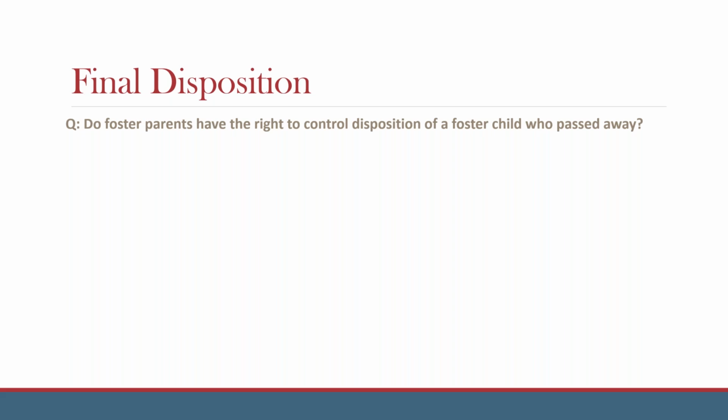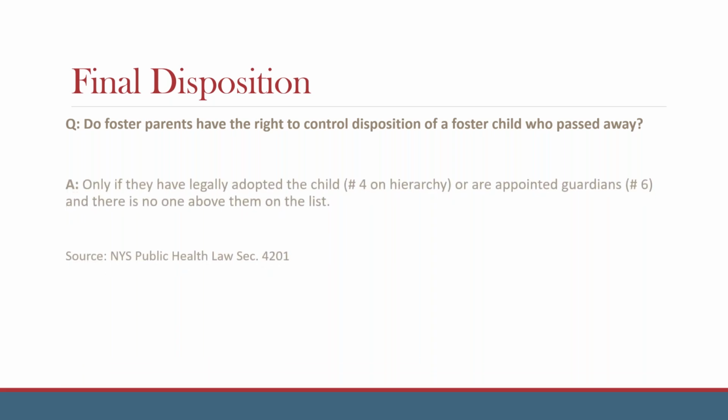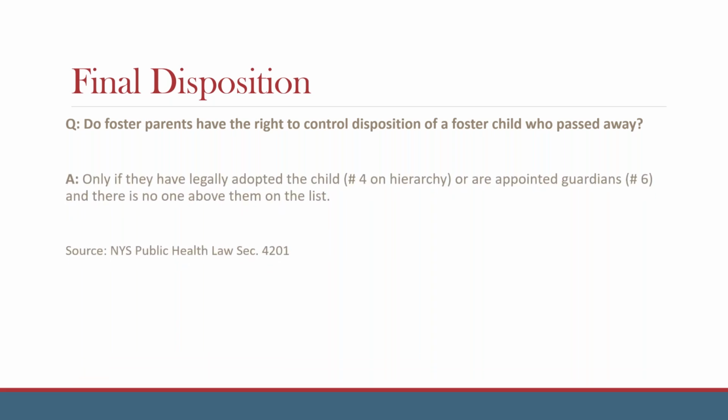Do foster parents have the right to control disposition of a foster child who passed away? So if you are the foster parent, you do not have the rights to control disposition. If your foster parenthood turns into being an adoptive parent, so you've now legally adopted the child, that puts you number 4 on the hierarchy list under the final disposition law, and you would then be entitled, assuming that there's nobody above you in 1, 2, or 3.